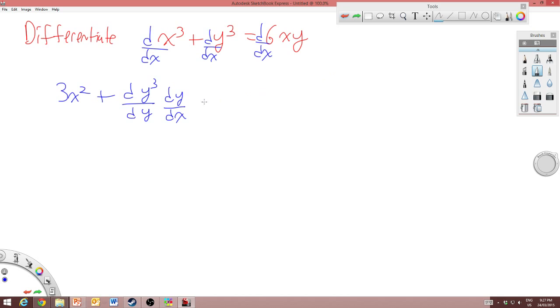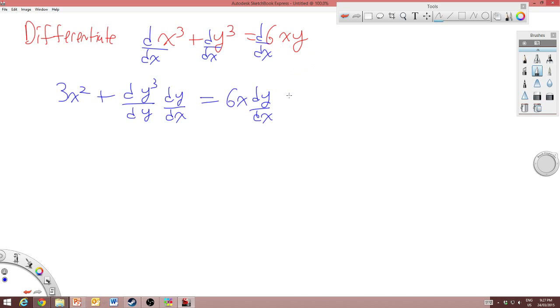Now this part here, we have to take the derivative of 6x times y, so we're going to have to use the product rule because this is a product of functions. The product rule tells me the derivative will be 6x times the derivative of y, and the derivative of y is just dy/dx.